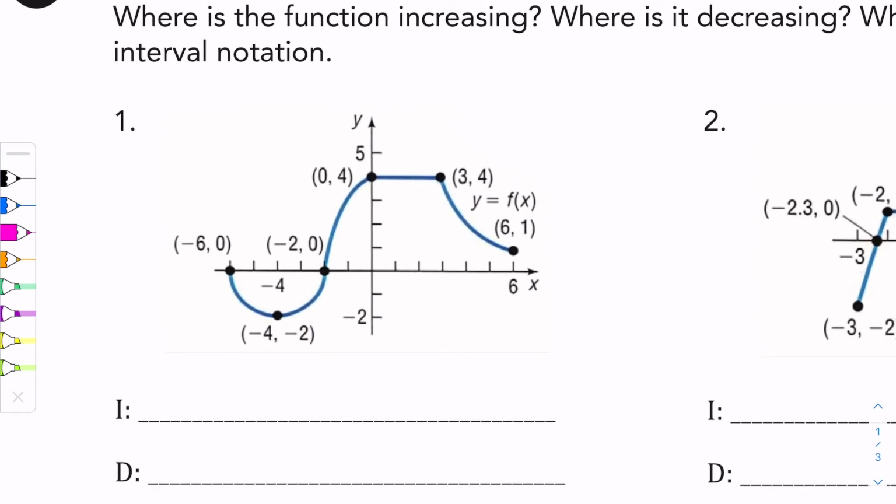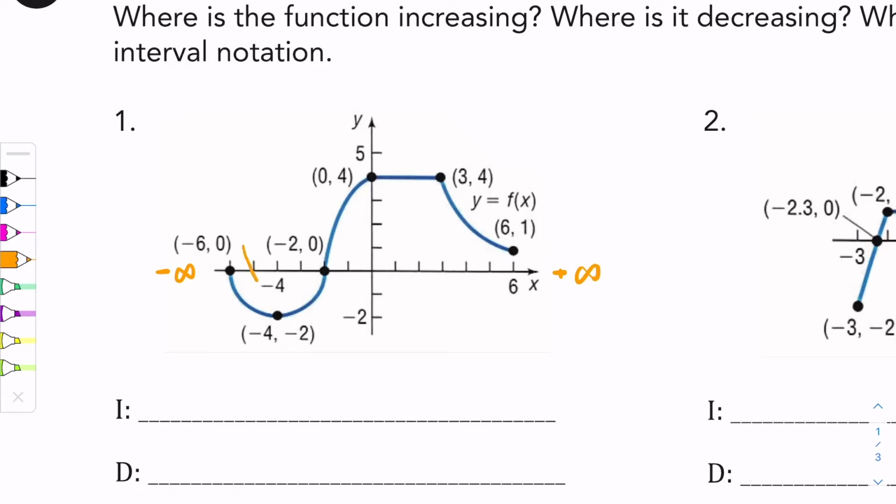All right, for number 1, we have quite a bit going on here. You can see the graph changes directions multiple times. If we make a few marks, if we start over here on the left side of the graph, we're starting at negative infinity, typically, and we're moving towards positive infinity. So again, we're starting on the left side of the graph. In this example, we are going to start right here.